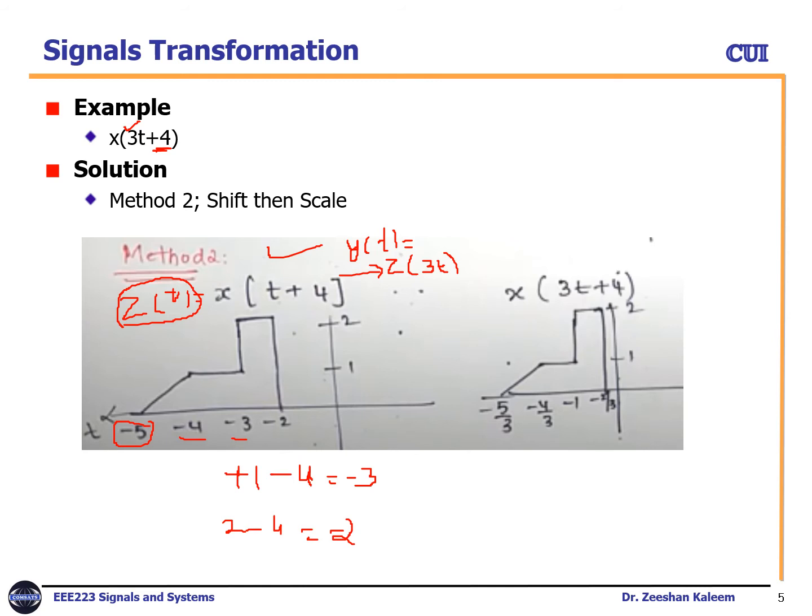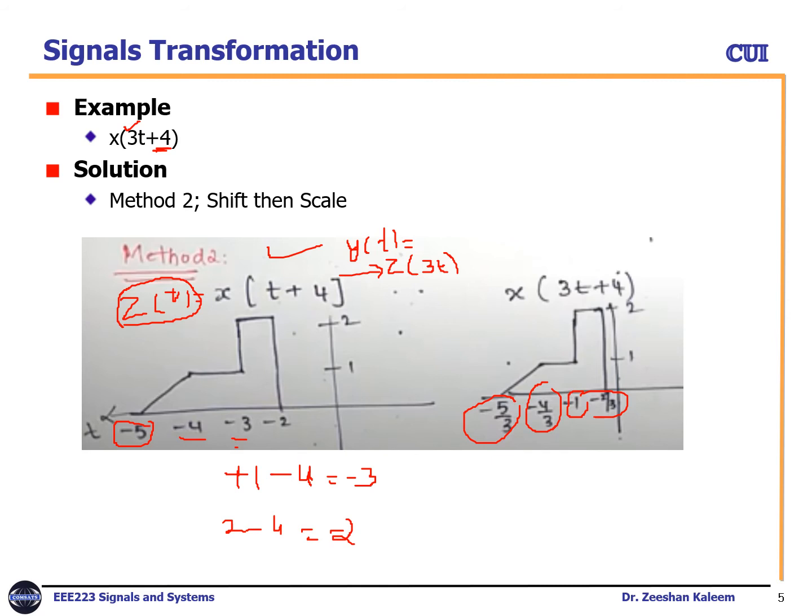So z of 3t means the already obtained signal. This one we have to compress by 3t. So compression means divide the values: minus 5 by 3, right? Then minus 4 by 3, right? And minus 3 over 3 becomes minus 1. Minus 2 over 3 becomes minus 2 over 3. So it is compressed to these values, right?